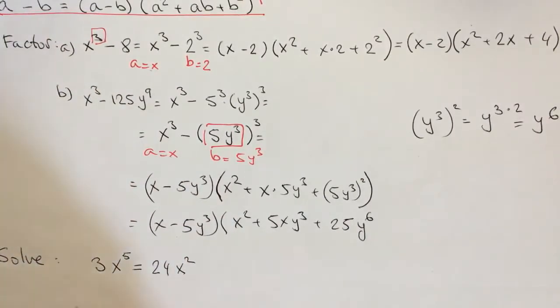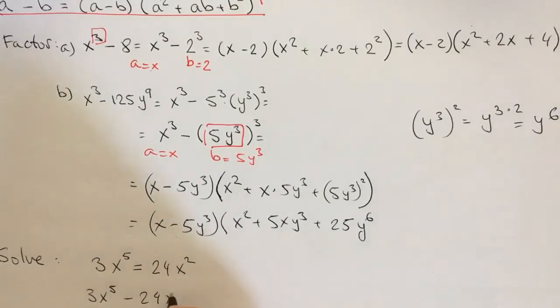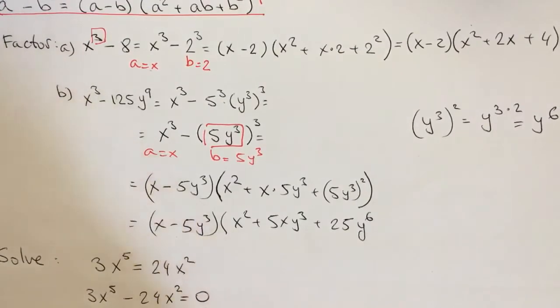Okay, so here I have 3x to the power of 5, bring this on this side, minus 24x to the power of 2 is equal to 0.